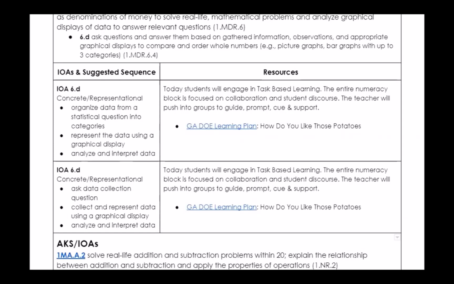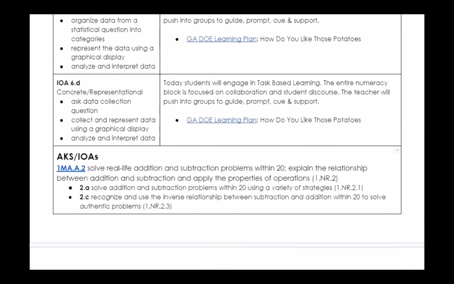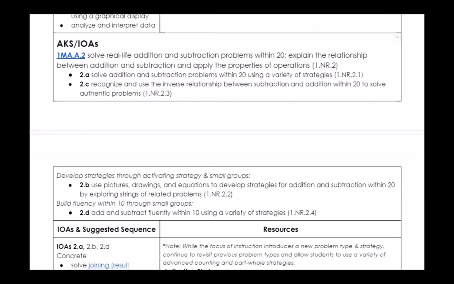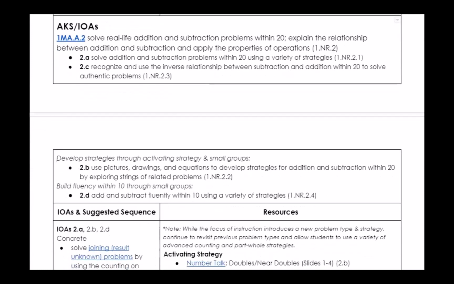All right, you guys, next on the pacing guide, you're going to see that instruction is going to shift to AKS 2. We are recommending around 21 days of instruction for this AKS. You're going to notice that IOA 2A, B, C, and D have been clustered together in meaningful ways over the course of this unit.